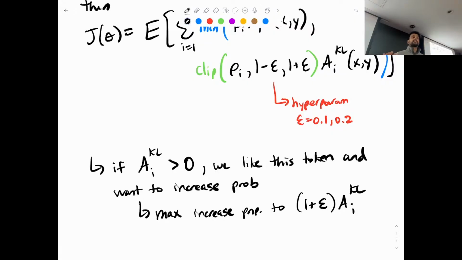If we didn't have this kind of clipping, then if our advantage said that this token should be 10 times more likely than under the previous policy that generated this token, we can easily get into areas of the output space that result in poor quality completions that have high reward overall.